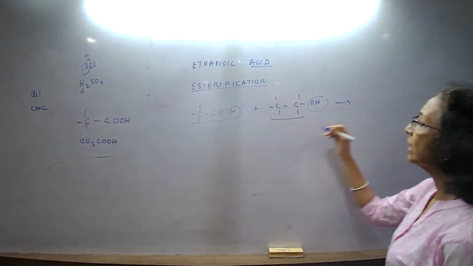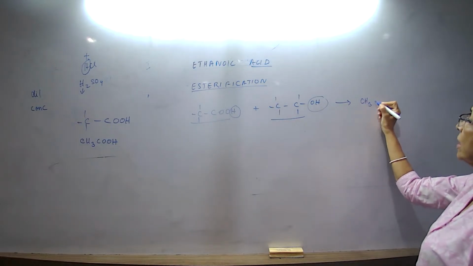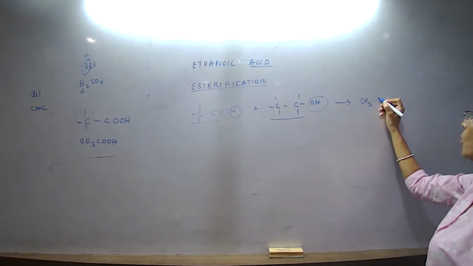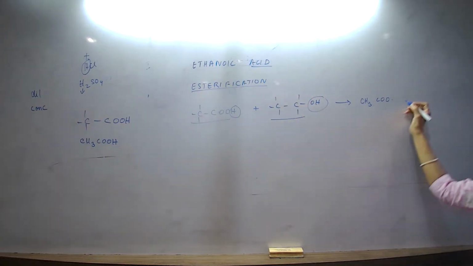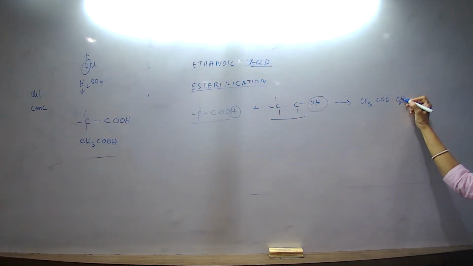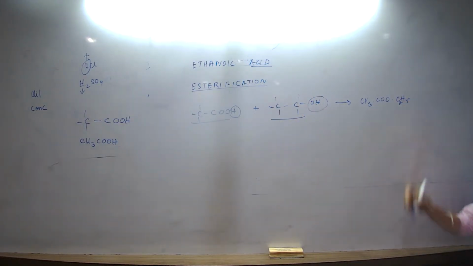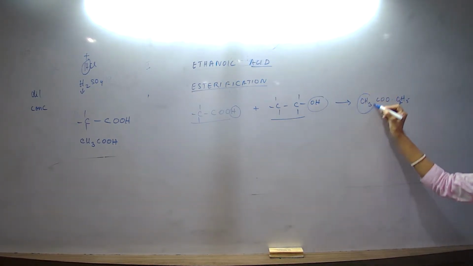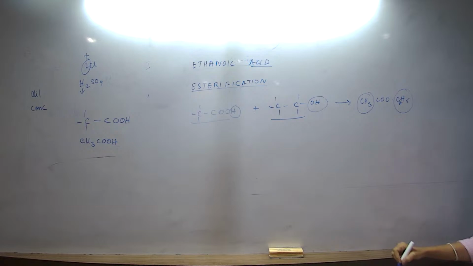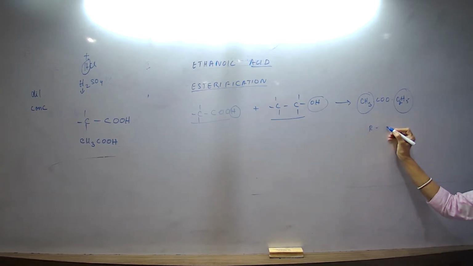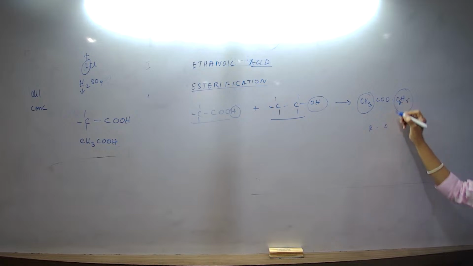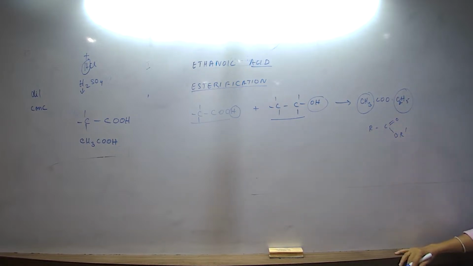You will have CH3, COO, and C2H5. This is an ester. An ester will have one R group and the other one is R dash. It can be any group here. So you will have R, COO, and O, R dash.